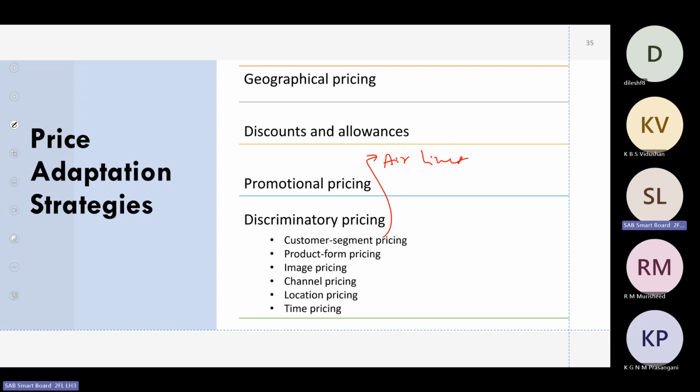How about these internet packages? Internet packages are totally based on time pricing. For peak time we have separate packages, and after midnight we have separate packages. Right? Time pricing. That is what we are using.